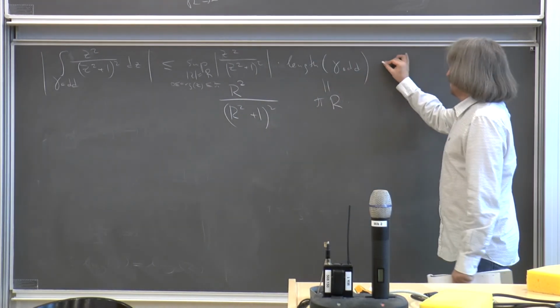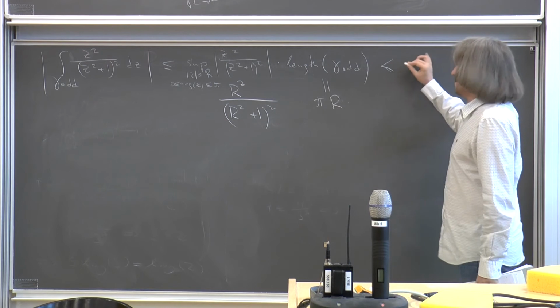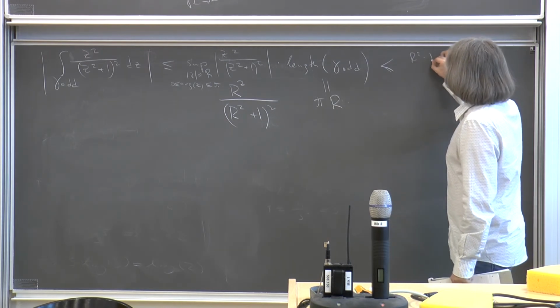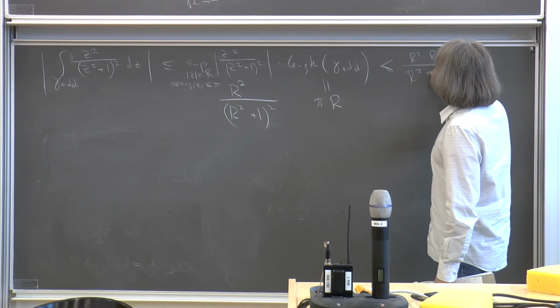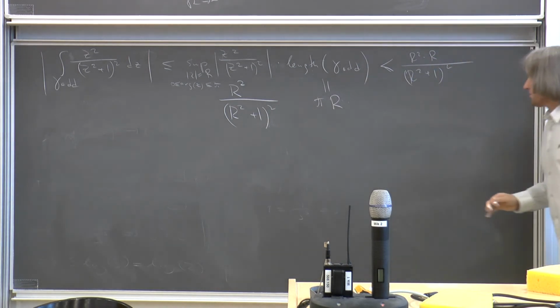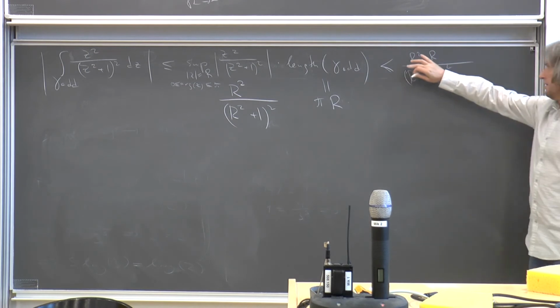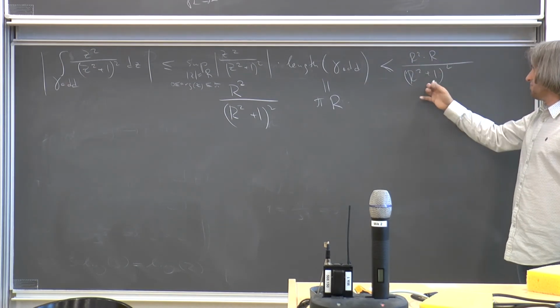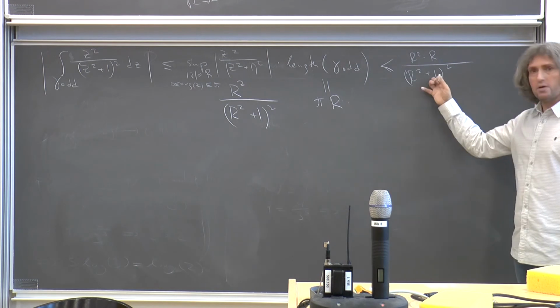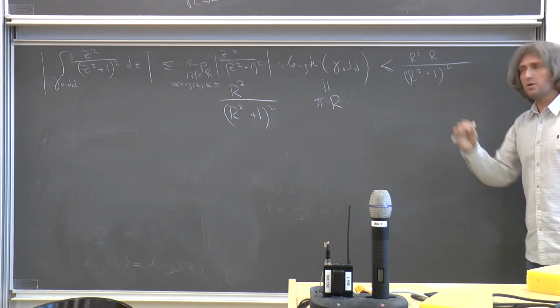So this is less or equal than r squared times r over r squared plus 1 squared. The exponent of the numerator is 3, and the exponent of the denominator is 4. The top degree here is 4.